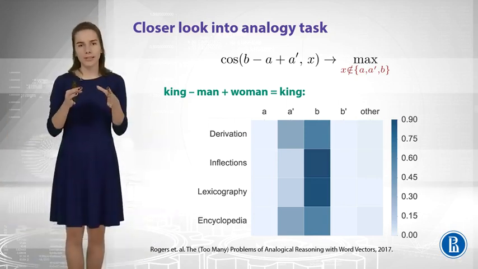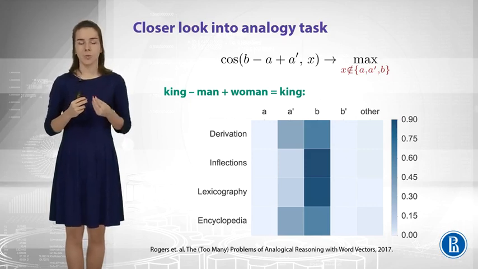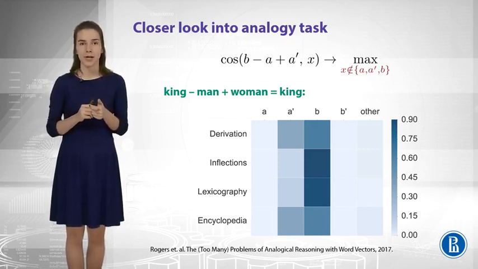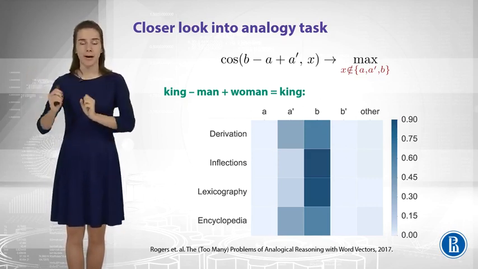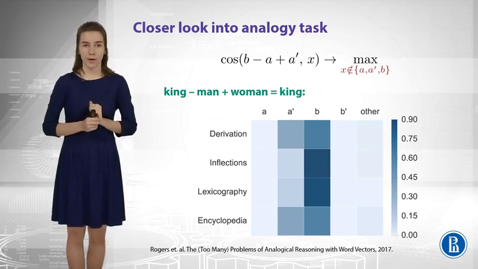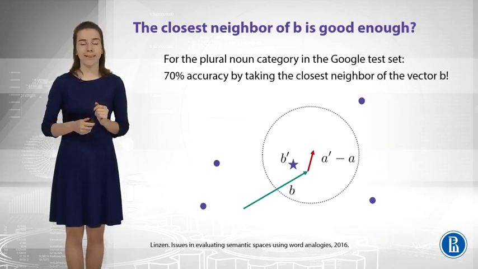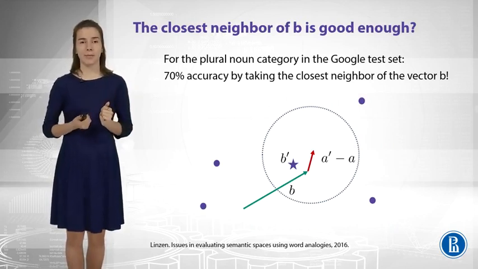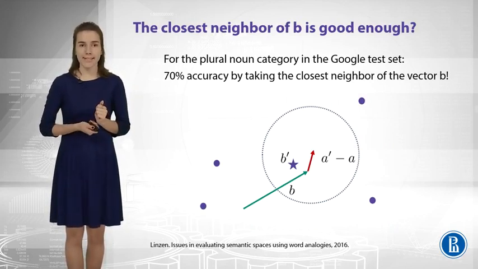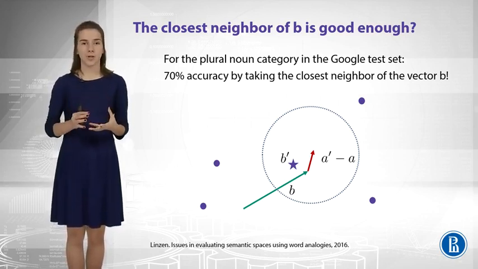Now, I want to dig a little bit deeper into it. How can it be that when we exclude A prime and B vectors, we nicely find the B prime vector, but if we do not exclude them, we end up with the B vector? So I think that this picture can shed some light. The thing is that the shift vector, A prime minus A, seems to be close to 0.